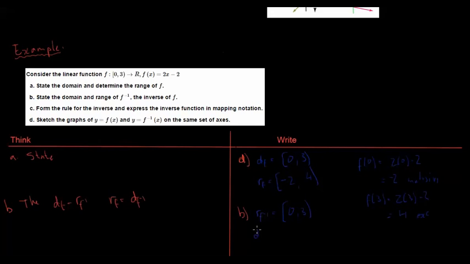The domain of f^-1 is equal to [-2, 4). Cool, that's nice and easy.